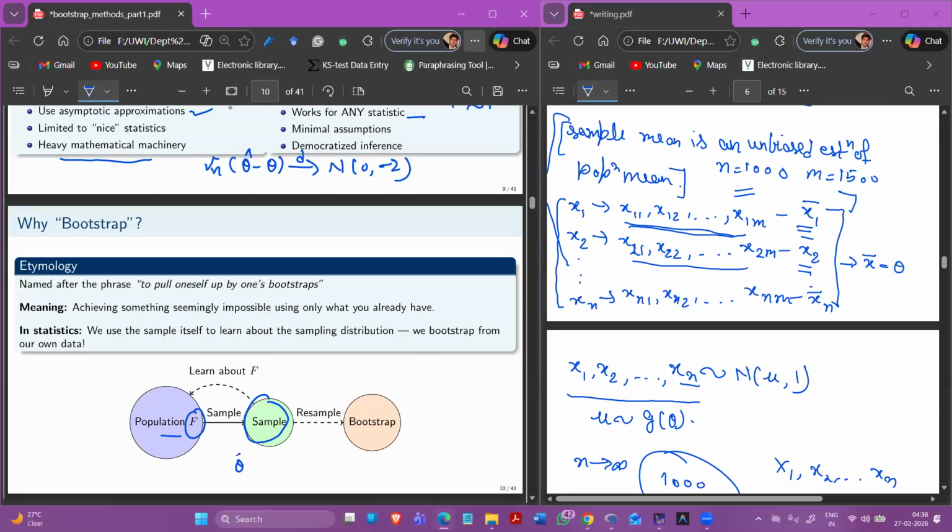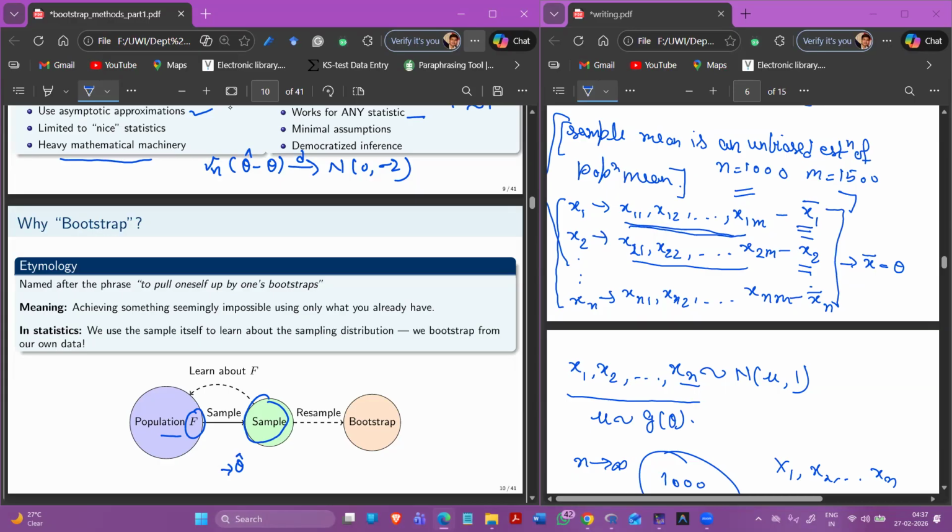Theta is the parameter and we are estimating theta cap. With only one sample, we cannot have the exact sampling distribution of theta cap. To find the sampling distribution, we would need different samples x1, x2, xn, right? But here we don't have different samples. We have only one sample.